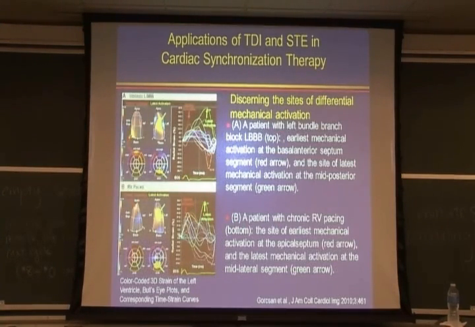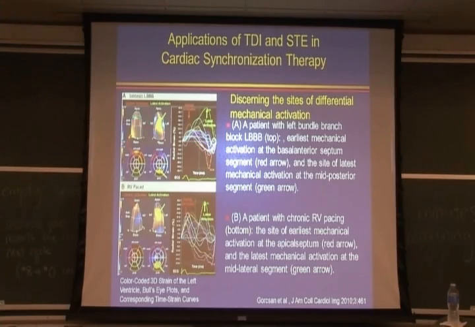Measuring in 3 dimensions, we can measure the earliest and the latest mechanical activation. So this is a bullseye view of all the 18 segments, from endocardium to epicardium. These are the different segments of the heart in 3D rendered volume, and you can see the apex and base there.